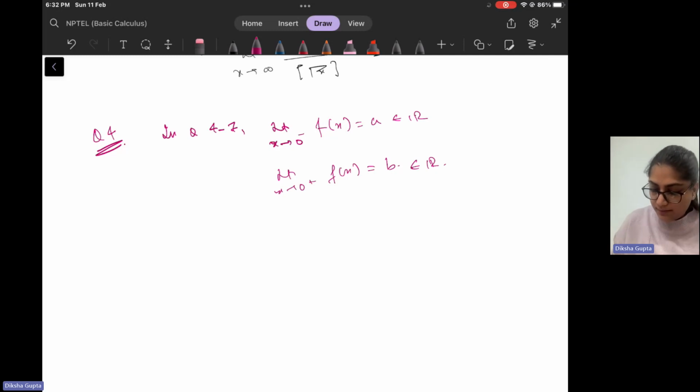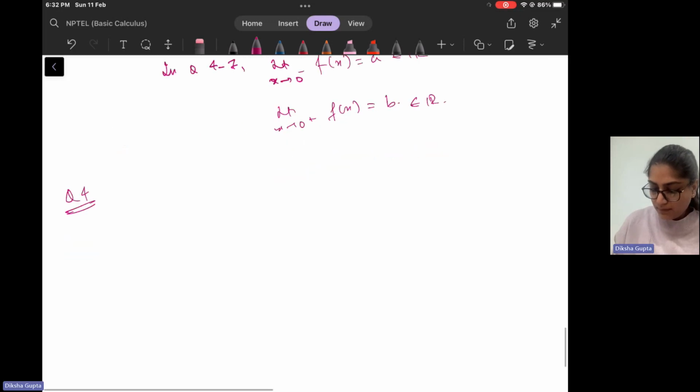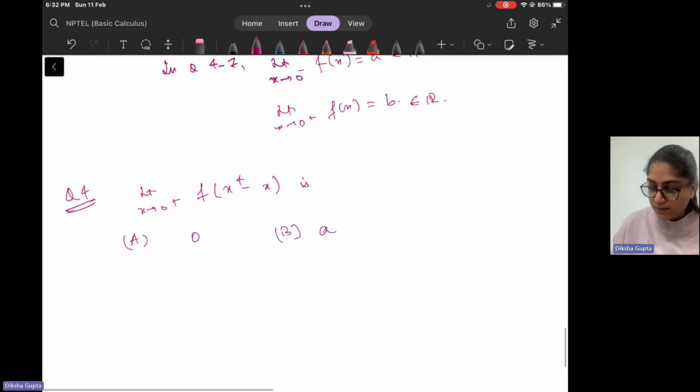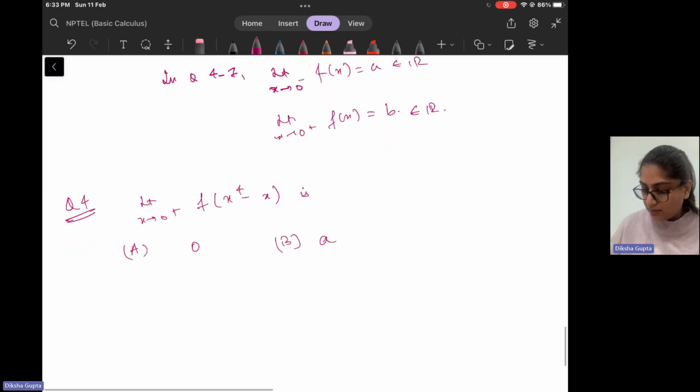Now you have to find another question: limit x tending to 0 plus f of (x⁴ minus x). Is it A) 0, B) the number a, which is the left-hand limit of f(x) at 0, C) the right-hand limit of f(x) is 0, and D) none of 0, a and b.